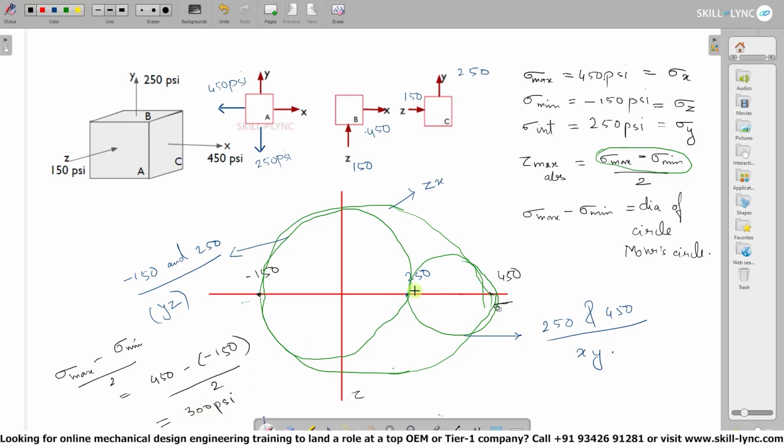Now, we can mark 300 somewhere here. And finally, this point will be our tau max or maximum shear stress point. The maximum point here which we marked, which is 450 for this problem, is also called the Mohr's dot. Now with that we can move on to the next problem.